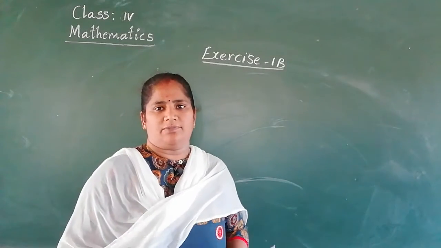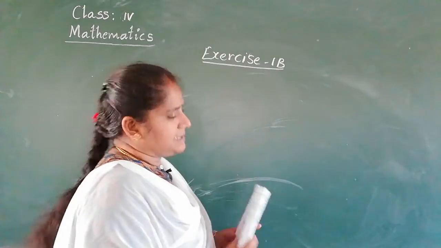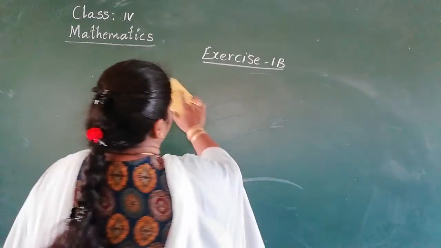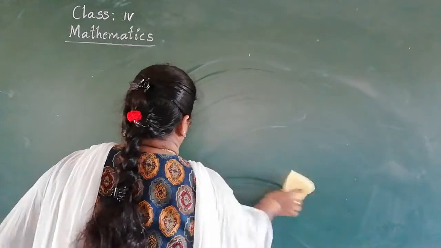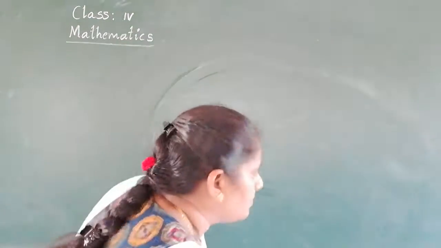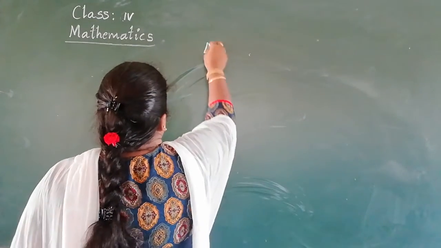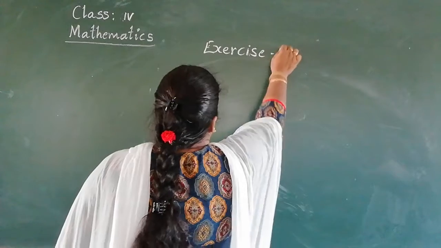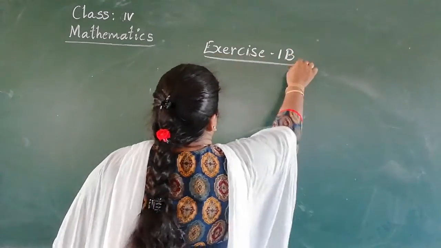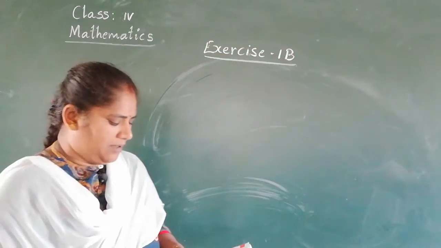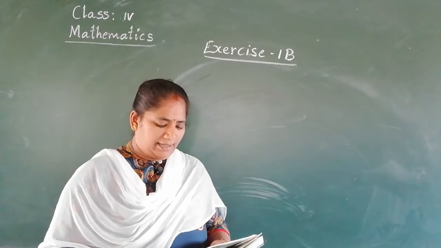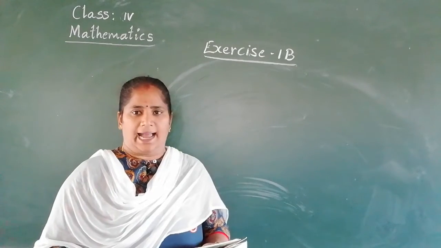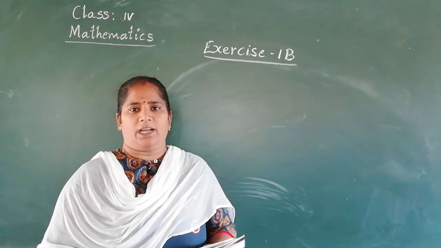Based on these concepts we will do this exercise. Exercise 1B. What's the first question? Compare the numbers and put the correct sign: greater than, less than or equal to.